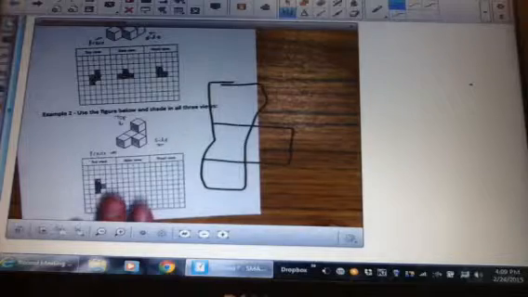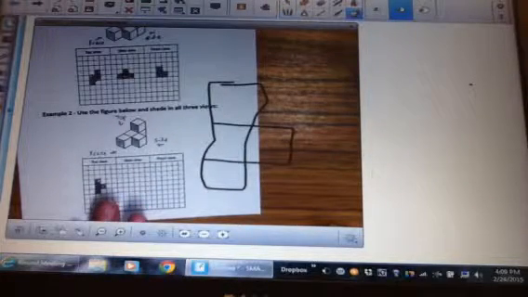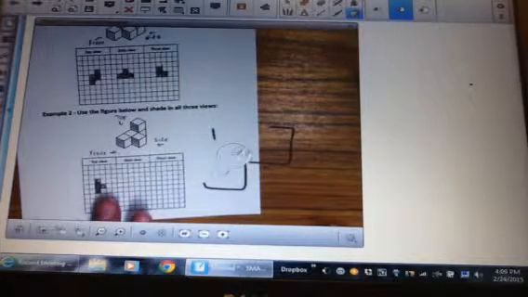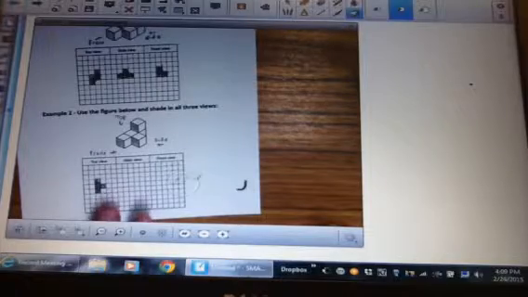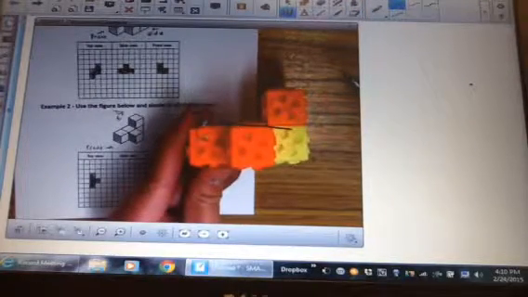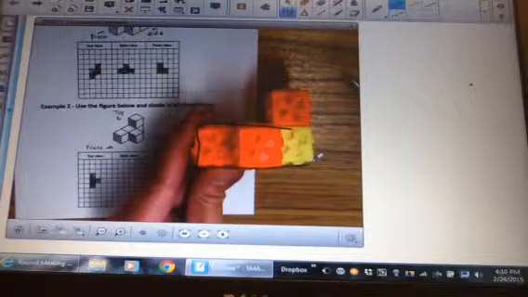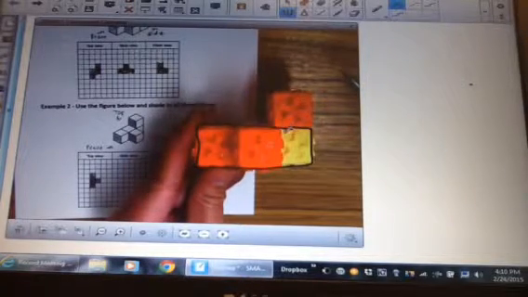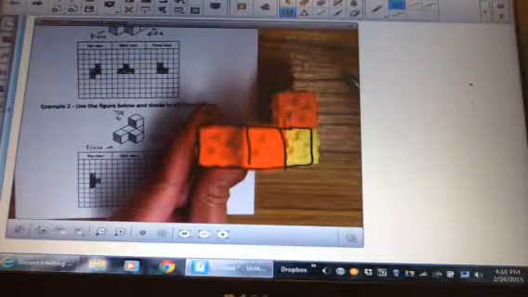For the side view, you'll have your figure, and the side again is coming from this side, so you're going to turn it this way, and you're looking at these 3 squares here, and then above this square you have this one here.